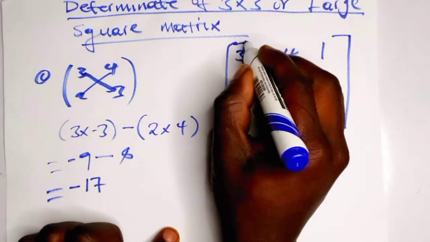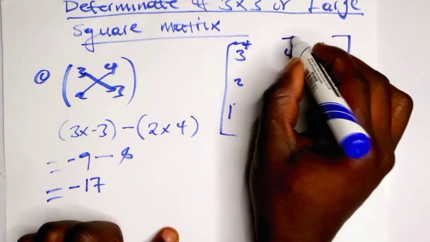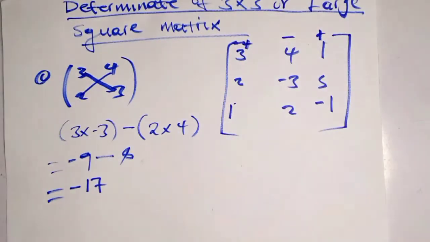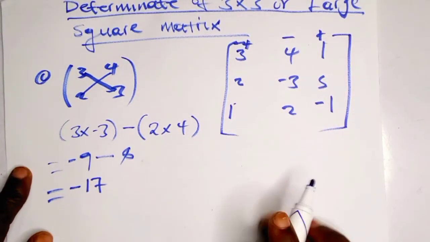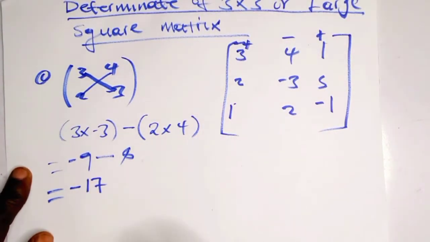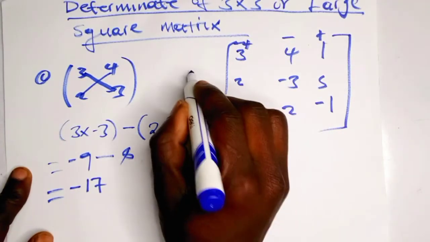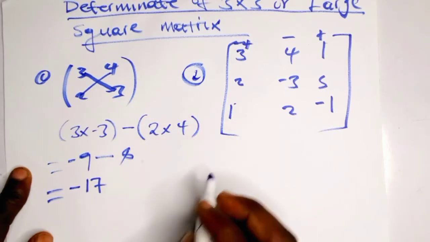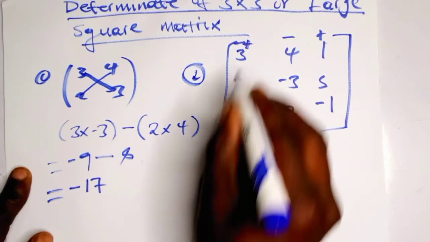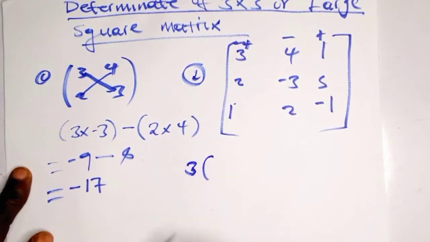So here you indicate positive, minus, positive. To find the determinant of a 3 by 3, this is example number 2, you have to take these 3 here as a coefficient.